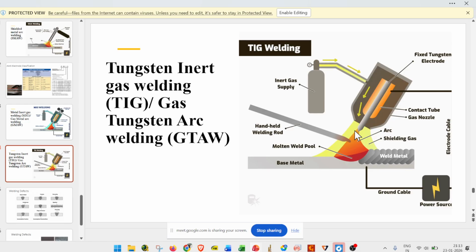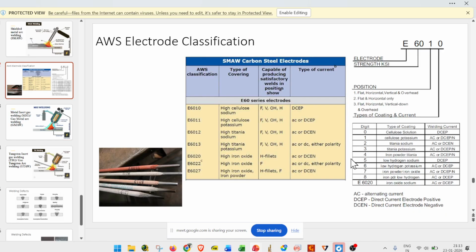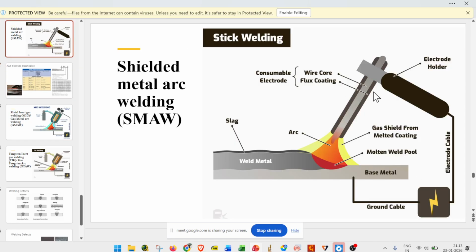In the case of MIG welding, we similarly provide the inert gas environment, but here we are not providing any filler material, because the electrode is the filler material. It is continuously fed, and once it reaches the arc region, it will melt and form a weld bead.